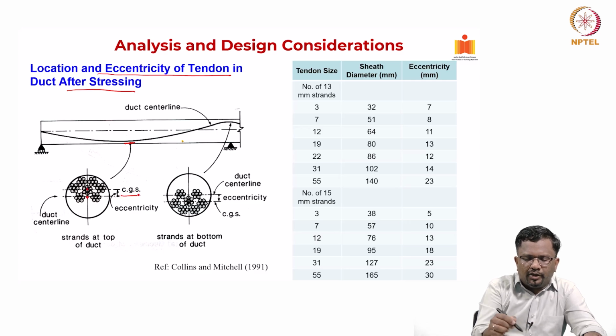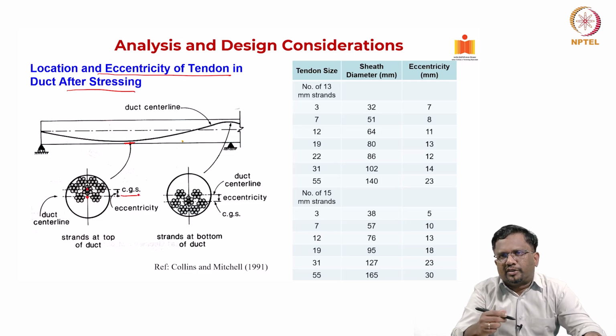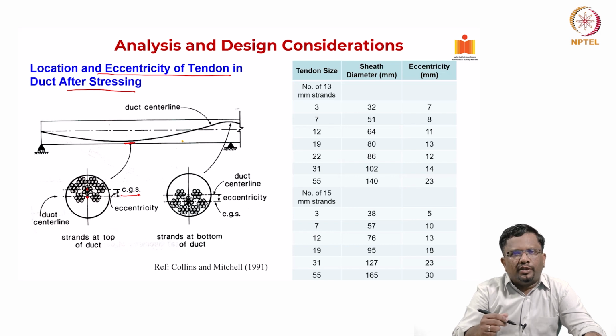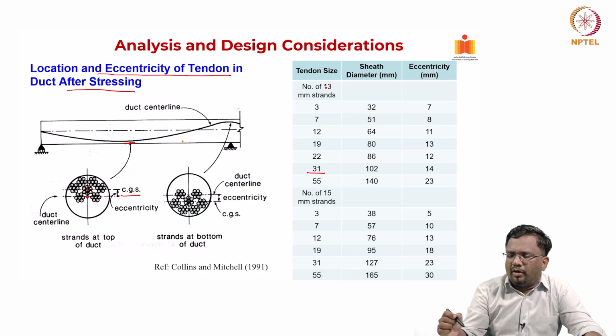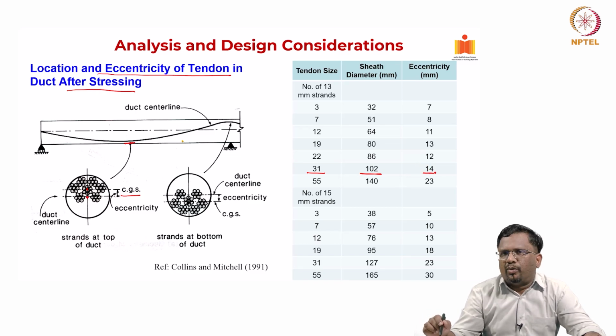So the reduction in the available eccentricity has to be taken into account, particularly when you are using, let's say, a 31 tendon size, where you have 31 half-inch strands. Then, for example, the sheath diameter needs to be 102 millimeter, and this eccentricity correction of 14 millimeter has to be accounted for.